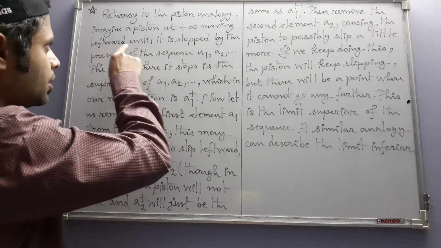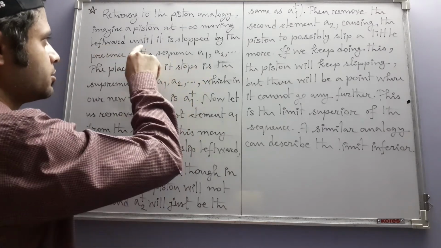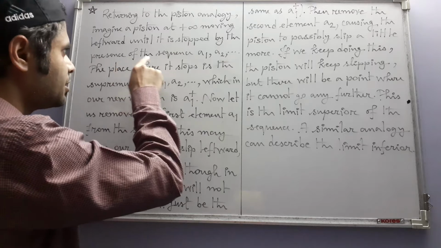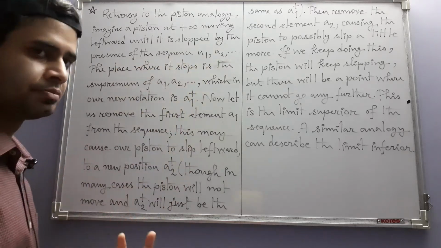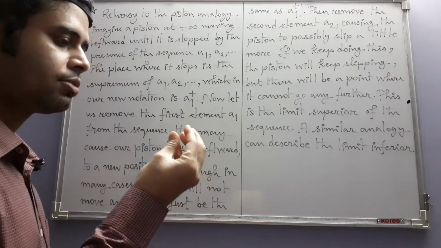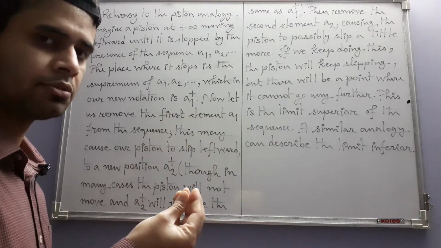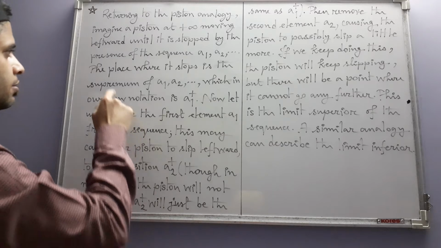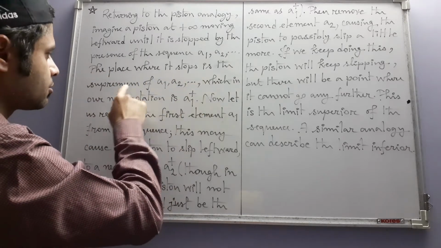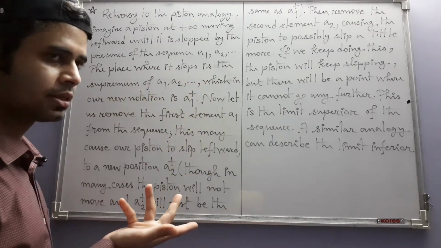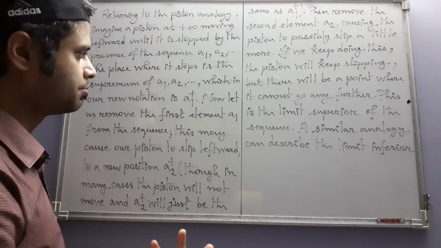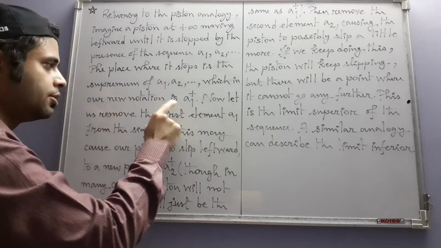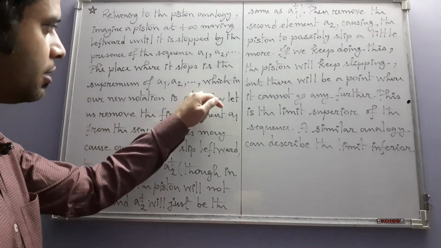So the piston will keep moving leftward until it is stopped by the presence of the sequence. If it encounters some term of the sequence along its journey, it stops there. The place where it stops is the supremum of this sequence, which is just the ordinary supremum, and which in our new notation is A1 plus.